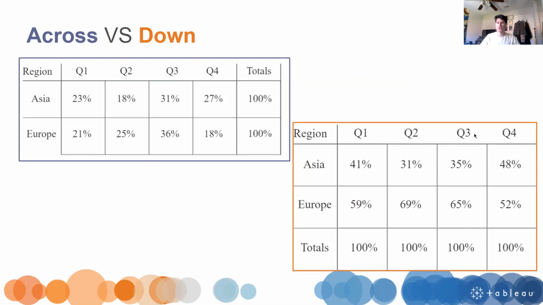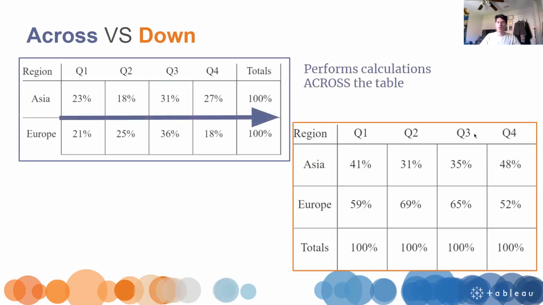So let's say we're a travel agency analyst and we are looking at, for example, the table across, we're trying to determine what is the quarter that has the most people traveling in both Europe and Asia. So we want this to represent 100% because we want to know which quarter has the most people.